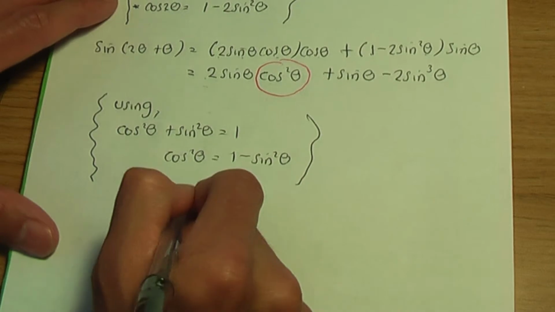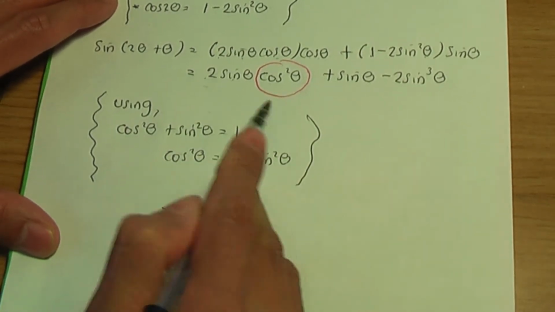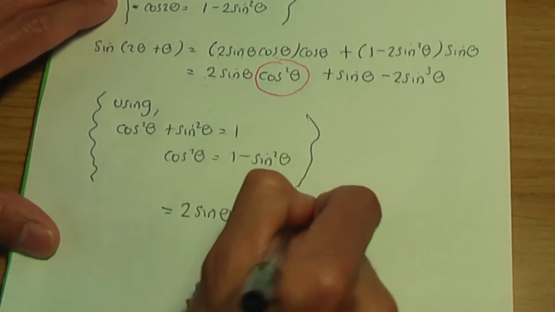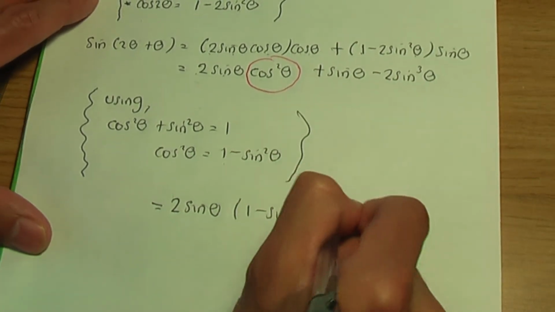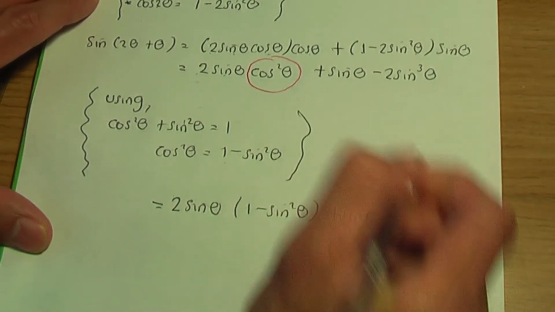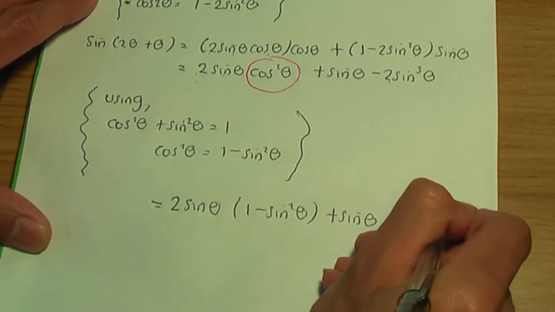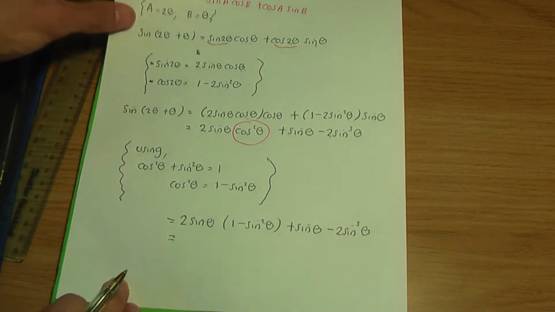If I do the replacement, I'll have 2 sine theta times (1 minus sine squared theta), plus sine theta, minus 2 sine cubed theta. So we're nearly there.